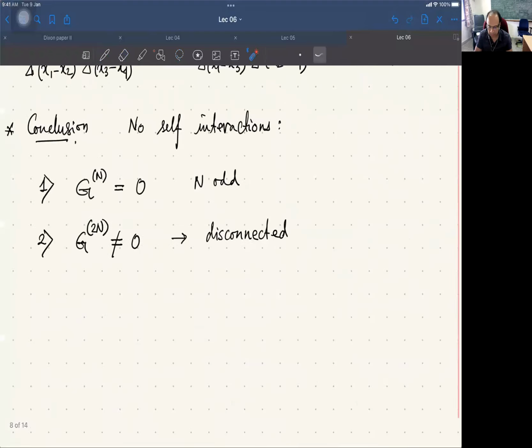That is why it is not interesting. It represents multiple copies of the same process. So disconnected means multiple copies of the same process, though it looks like there are different processes. Just because they are topologically inequivalent, they must describe some process, but these are not interesting processes because it's just multiple copies of the same process.